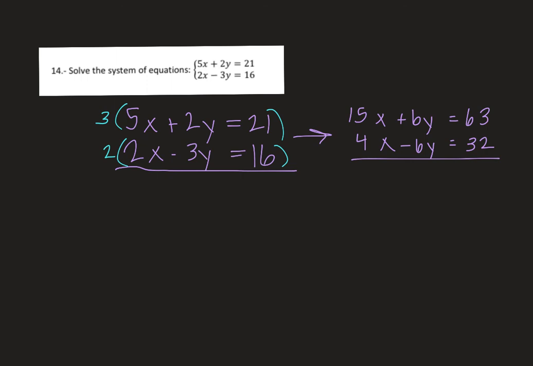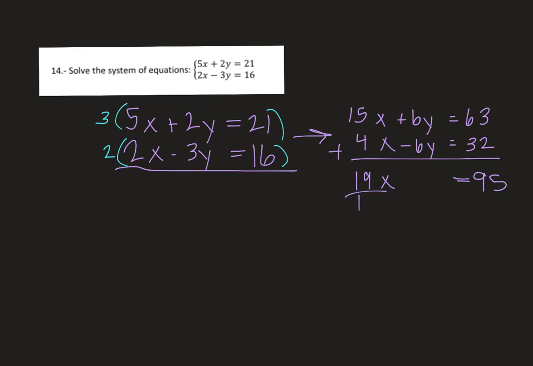Now that I have that system of equations, the y's are the same number but opposite sign, I can add the two equations together. So that would be 19x, the y's cancel, and we are left with 19x equals 95. There we go.